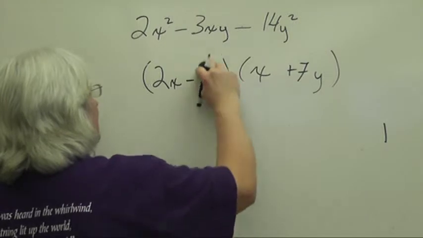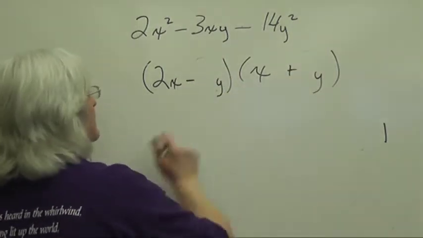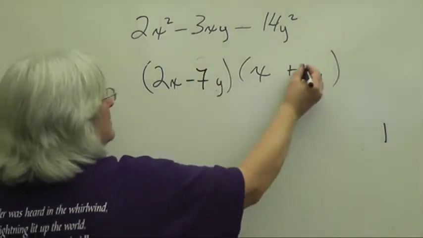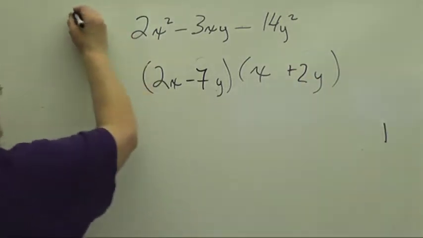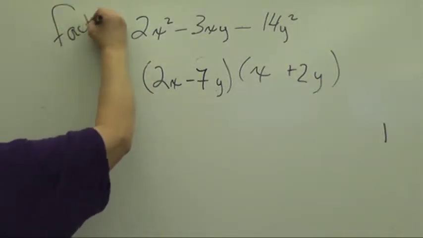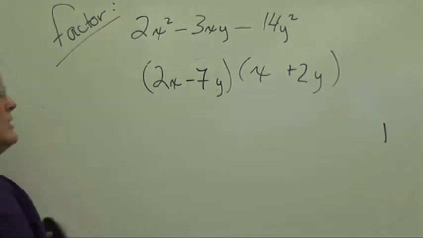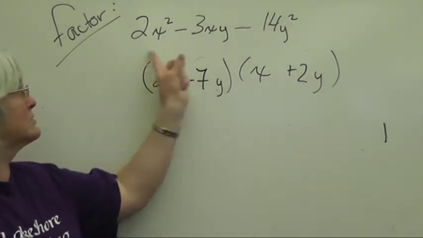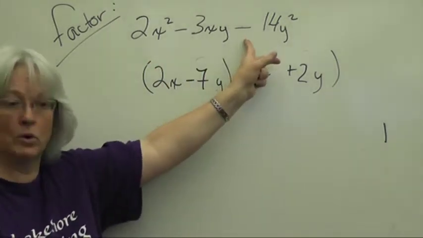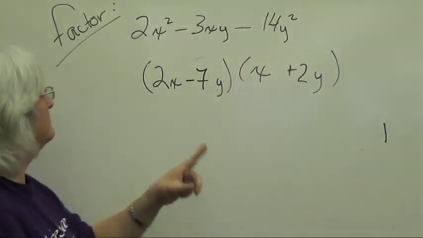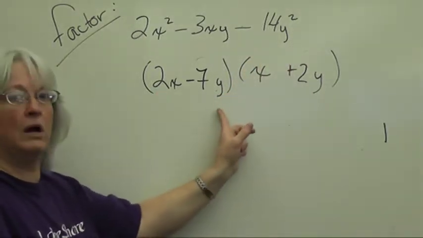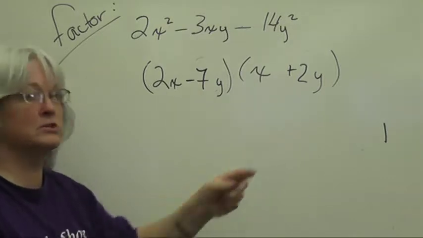So what you have as the solution to this problem, your instructions are going to say factor this trinomial. Factor 2x squared minus 3xy minus 14y squared. 2x minus 7y times the quantity x plus 2y.